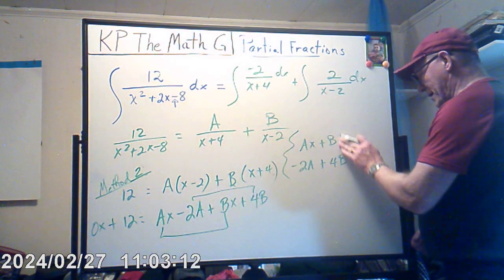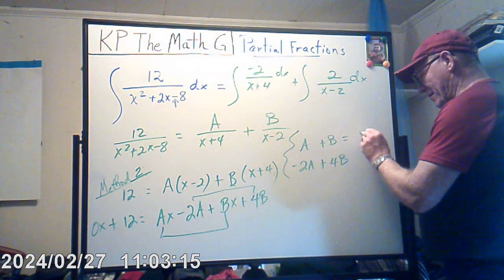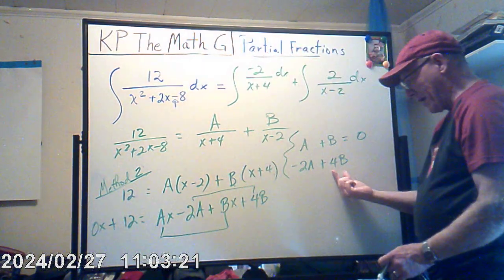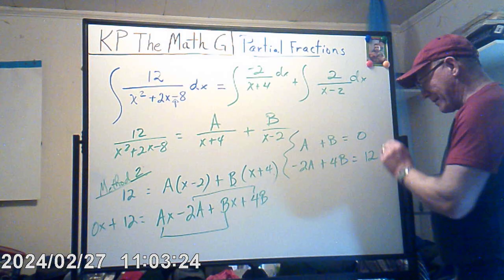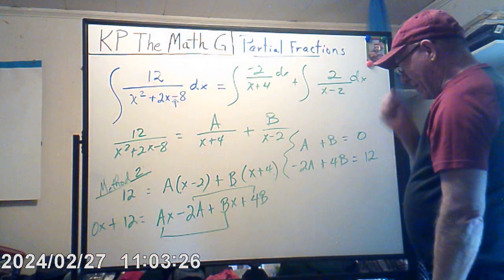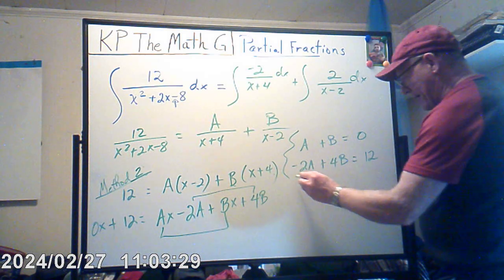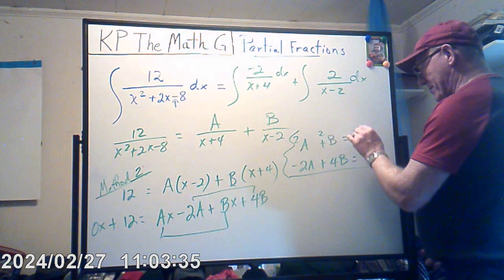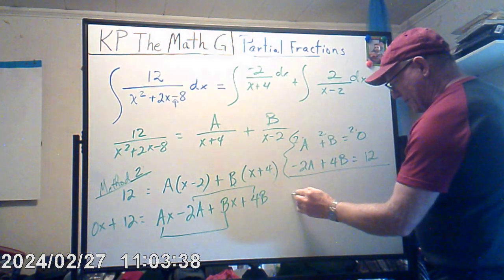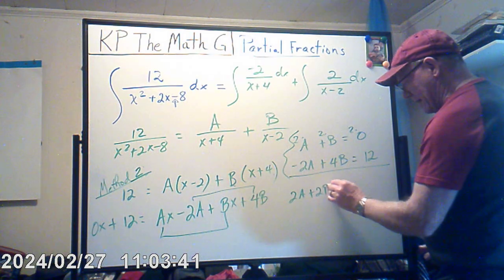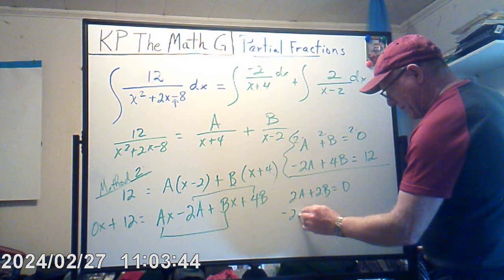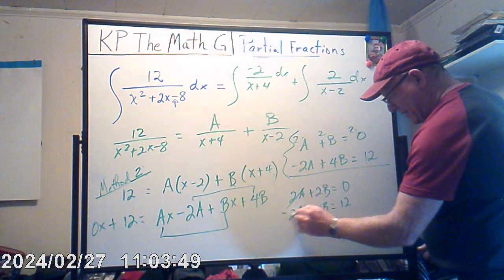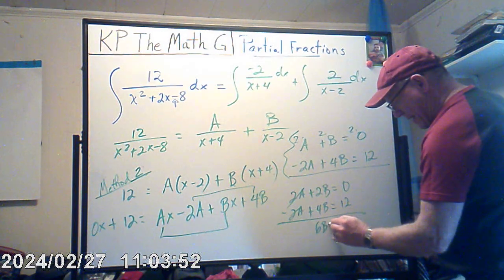So this part, the a plus b, to the x's is equal to 0. But this has a number here. This is a number plus a number. Well, this equals 12. And if we were to solve this by the elimination method, we could multiply 2 times a, 2 times b, and 2 times 0, and we would get 2a plus 2b equals 0, and negative 2a plus 4b is equal to 12, and we notice that this is 0, and we get 6b is equal to 12.